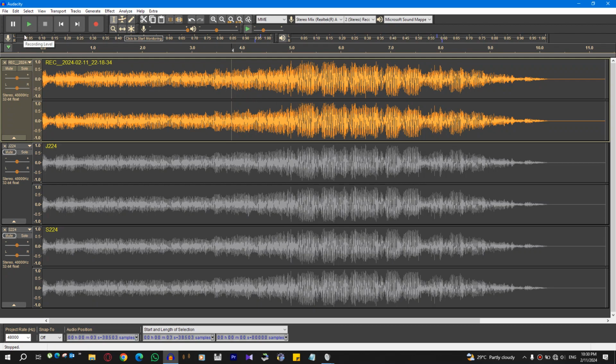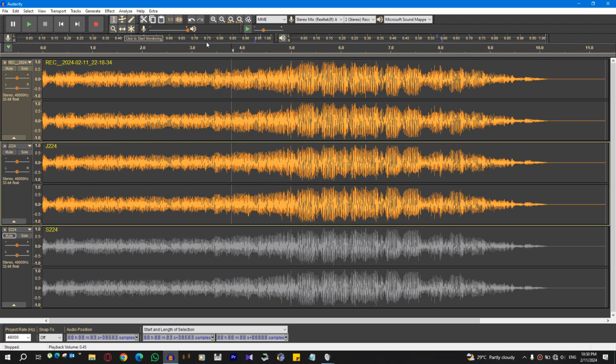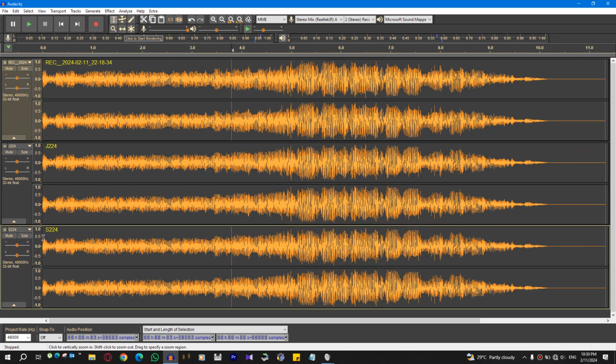So in simpler terms, this is a fresh audio signal, and this is the joint encoded version of it, exported in 224 kilobits per second joint stereo encoding. This is 224 kilobits per second again, but stereo encoding.